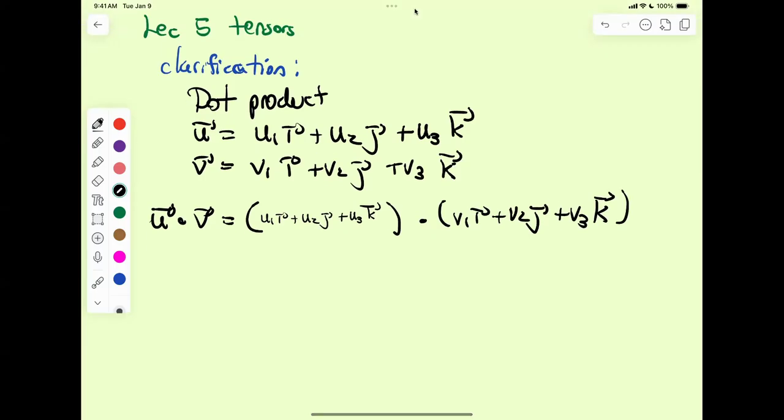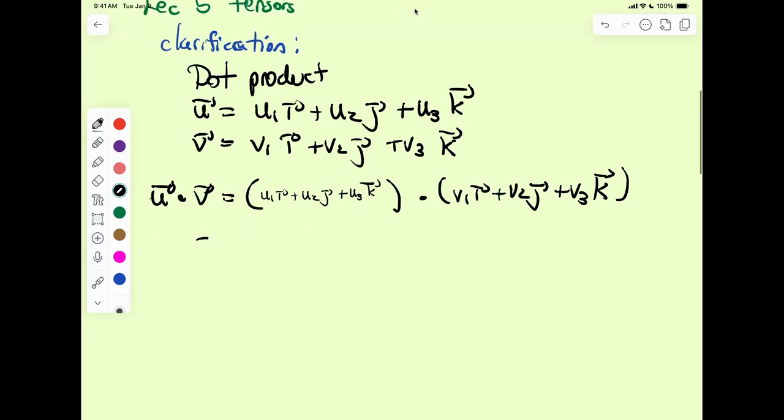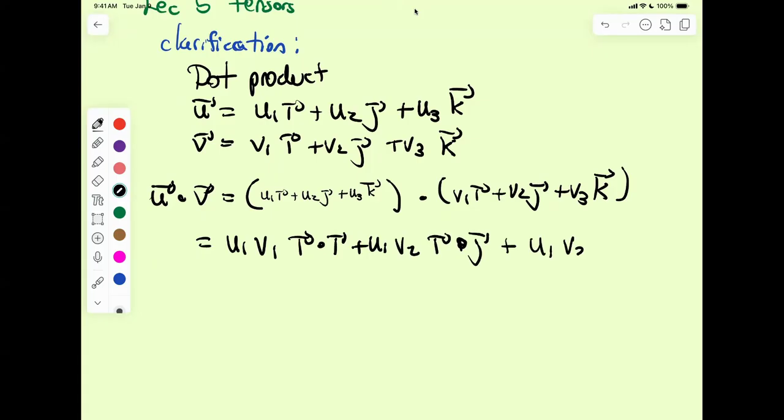So if you wanted to find the dot product between two arbitrary vectors and use the distributive property, what does that give you? That gives you u1 v1 i dot i plus u1 v2 i dot j plus u1 v3 i dot k, and then you do the same for the others.